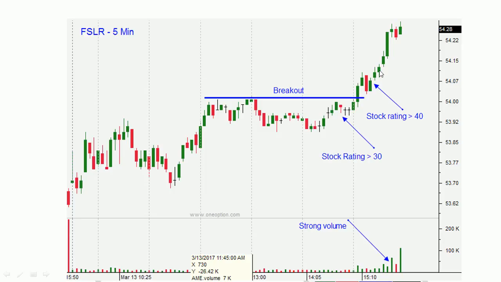And now the stock is starting to take off, and you see the stock rating going above 40. And this type of game plan is so easy to execute too, because now that you've bought that breakout, after a few minutes, the stock should also already be running higher. So what you'd want to do is you could just place your stop right at your entry point.